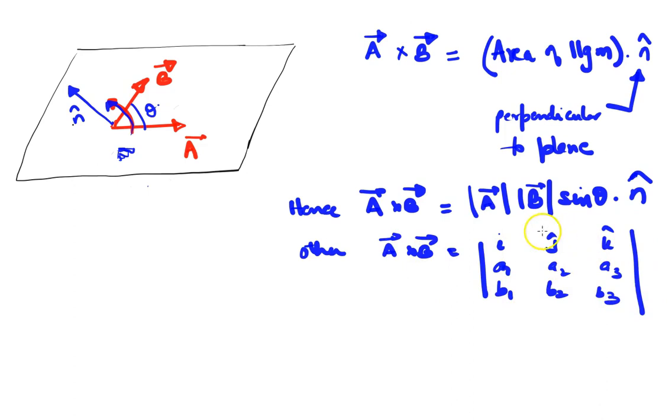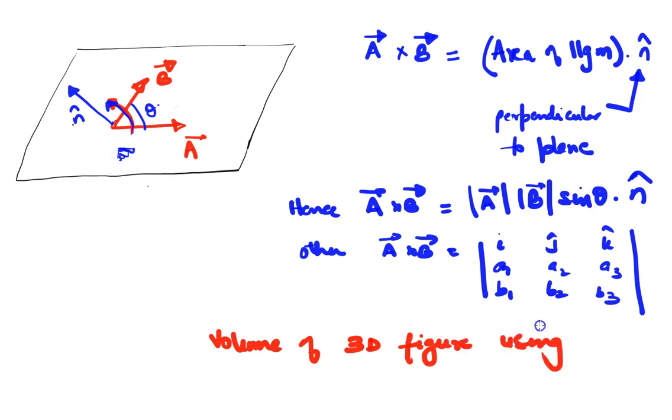It's given by the determinant of vector A and vector B. In the next video, we'll again go back to our original problem, which was calculating the volume of a 3D figure using cross product.